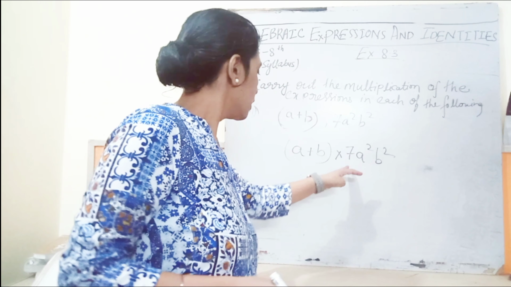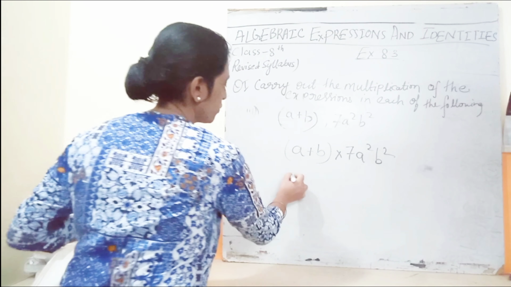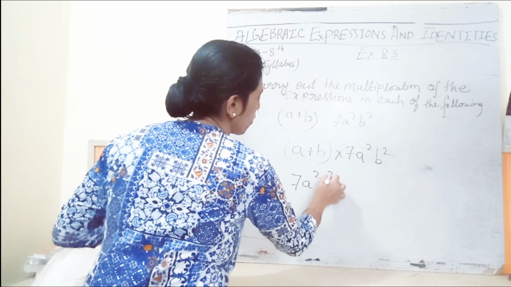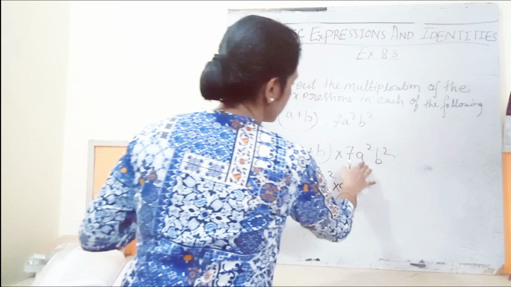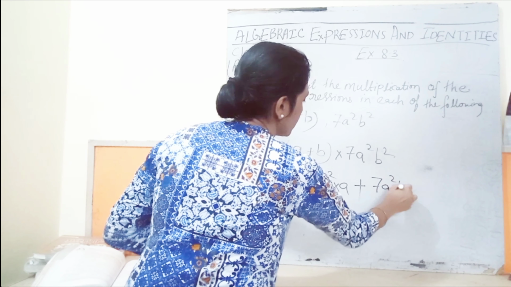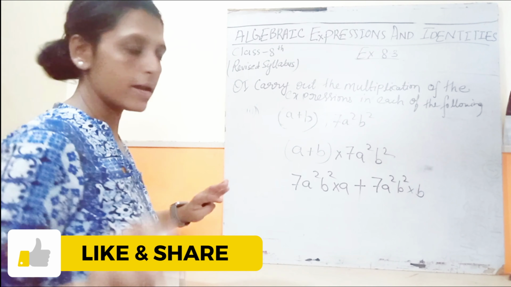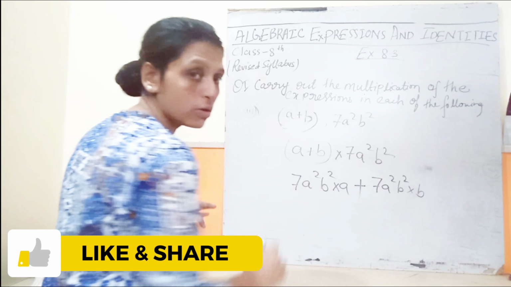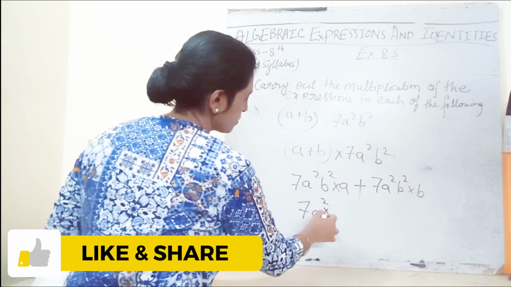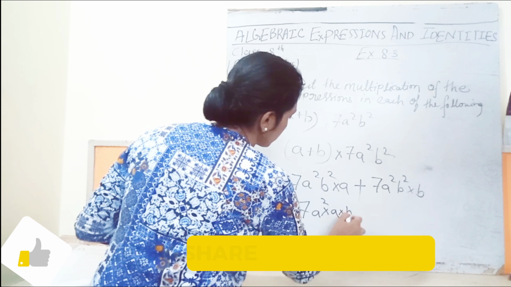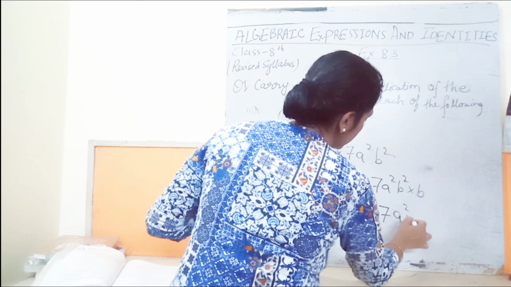Now 7a square b square will first be multiplied with a, so it will be 7a square b square into a. What is the sign here? Plus, so you put a plus sign, then 7a square b square will be multiplied with b. Now we have to apply the laws of exponents. You can keep the like bases together: 7a square into a into b square.